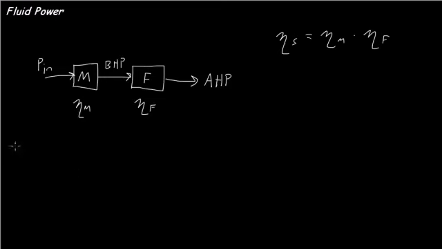So with that in mind, let's do some examples. Let's say I've got an air handler whose power input, so that's Pin, is 3 kilowatts. The efficiency of the system is 75%.